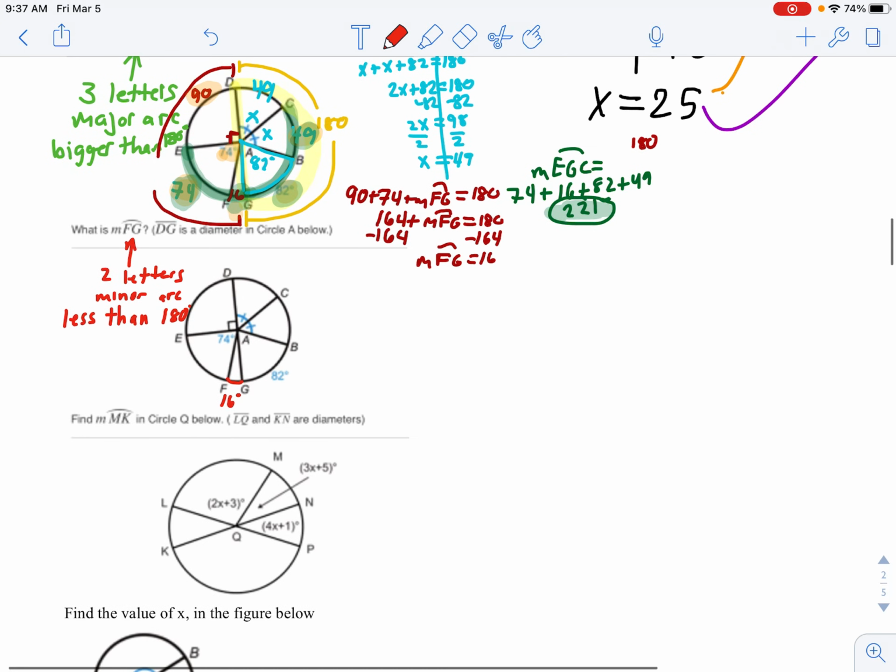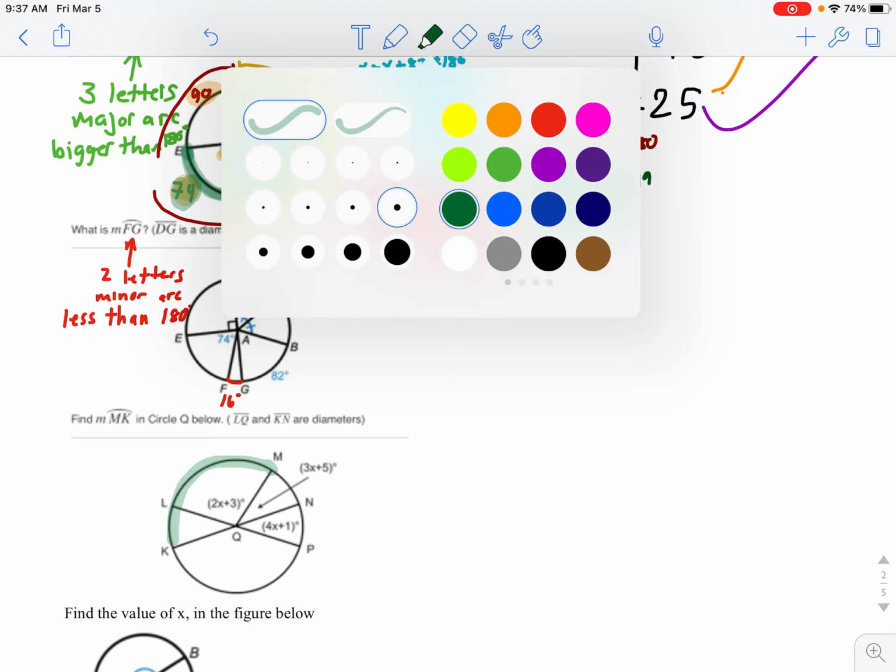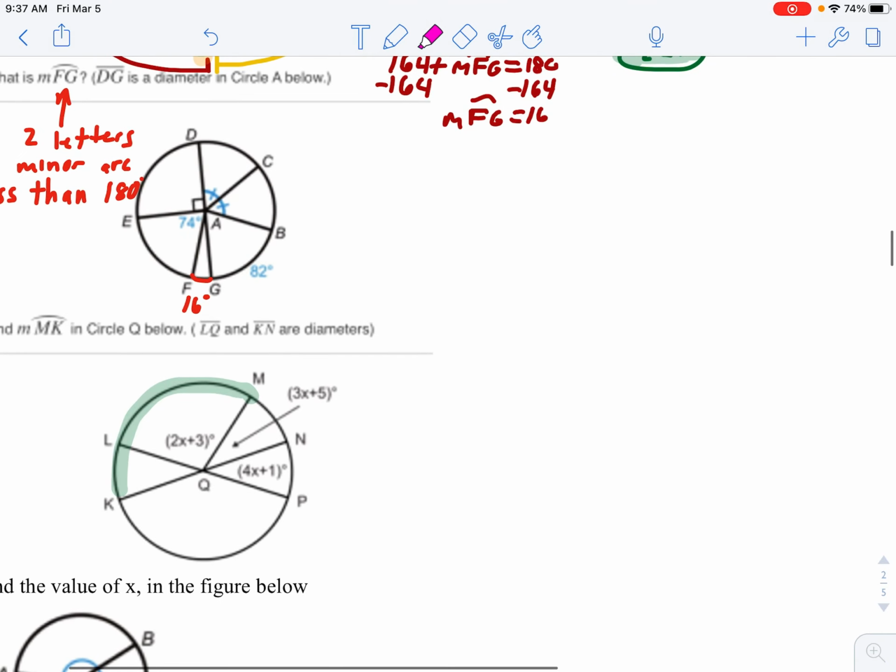All right, MK. Now, different problem right here. We're going to find the measure of MK. So how do we do this? Well, there's a couple of things. What we're going to do first is just start with what we know.